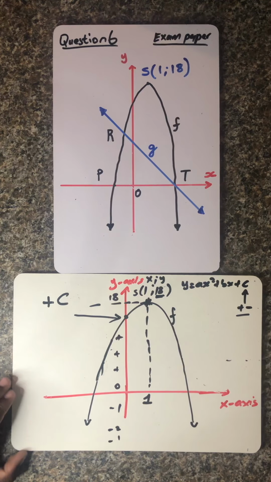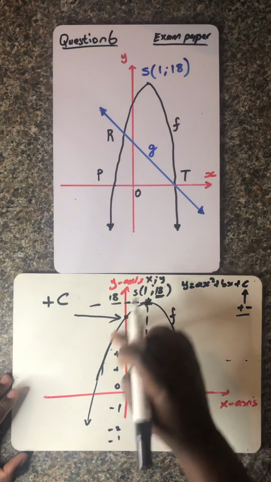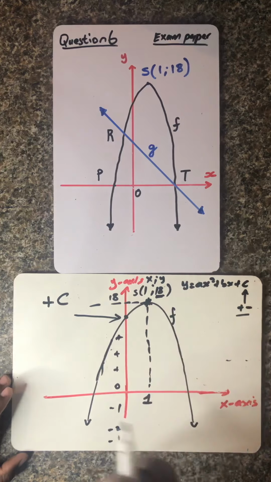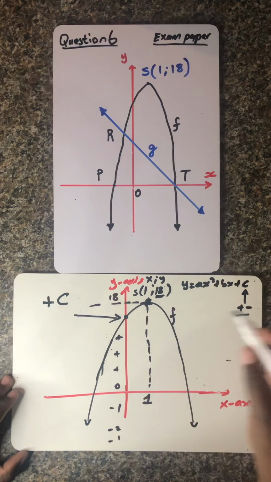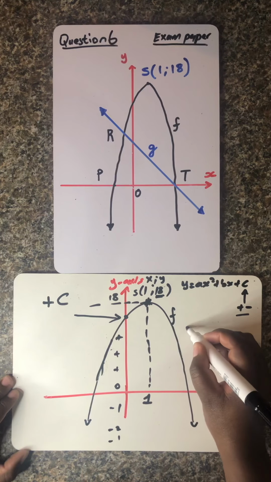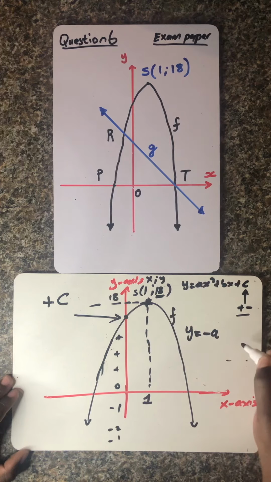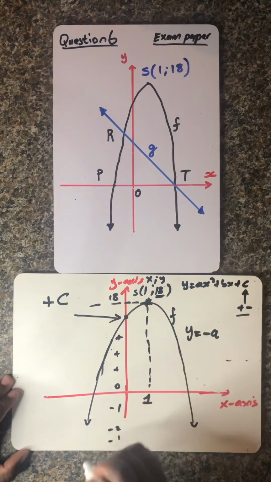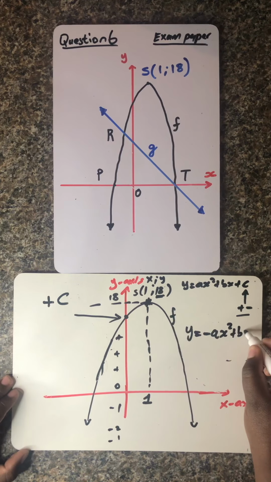Very, very much important, ladies and gentlemen. So if we had to guess how the equation of that graph should be, obviously it should be y equals, it must be a negative a because of a sad shape, x squared plus bx.